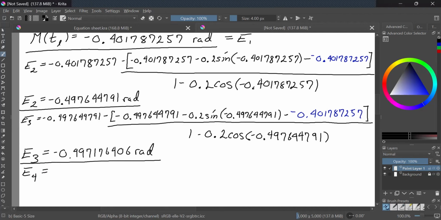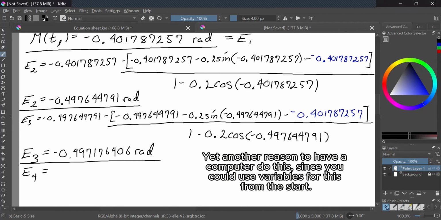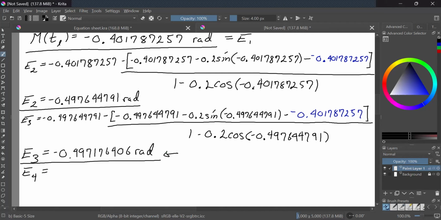And I have the benefit of having variables on my calculator, so I just stored that one into my calculator, and I'm going to have it spit out the next answer, which is going to be minus 0.497176394.